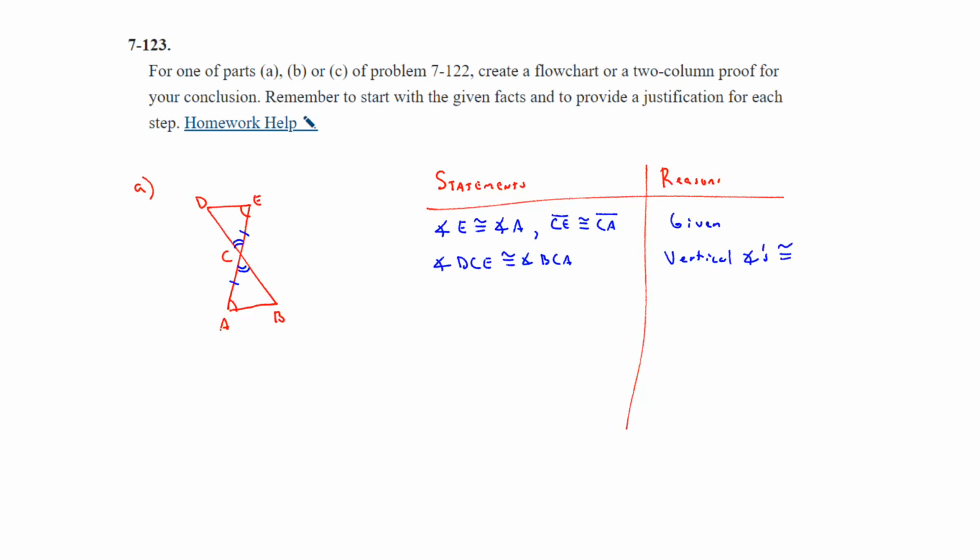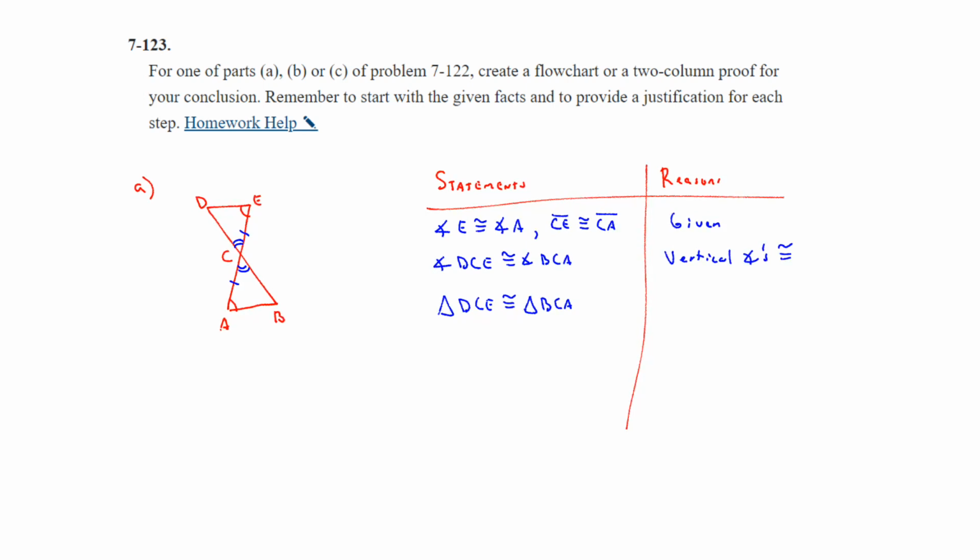All right, and now that we know that, we actually have enough information to say that triangle DCE is congruent to triangle BCA. Oops, I put angle. Let's fix that. I was reading from the one above. So triangle BCA.